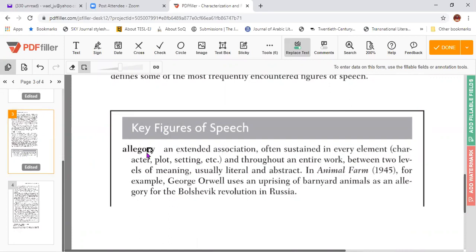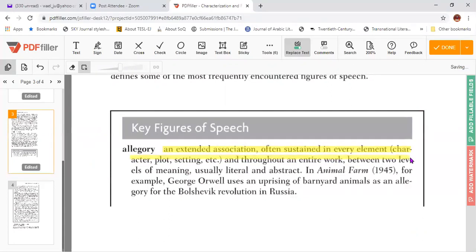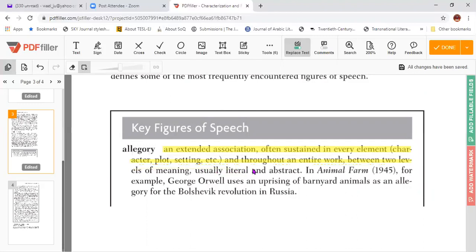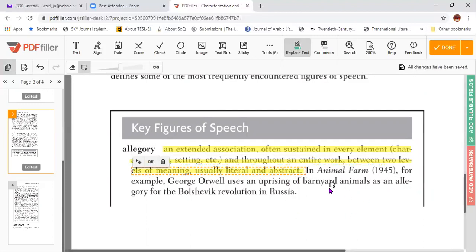Allegory is an extended association, often sustained in every element, characters, plot, settings, and throughout an entire work, between two levels of meaning, usually literal and abstract. Animal Farm is, for example, where George Orwell uses a story of barnyard animals as an allegory for the Bolshevik revolution in Russia. Okay, so what is allegory?